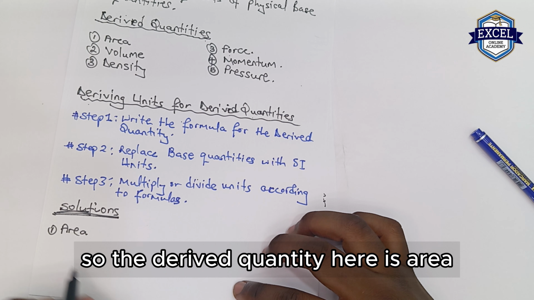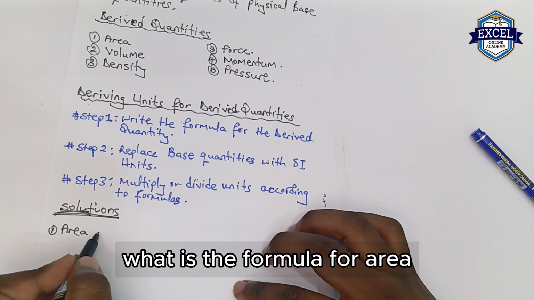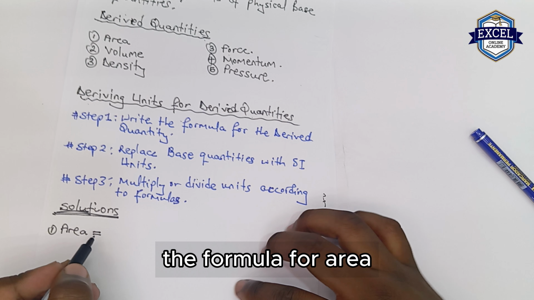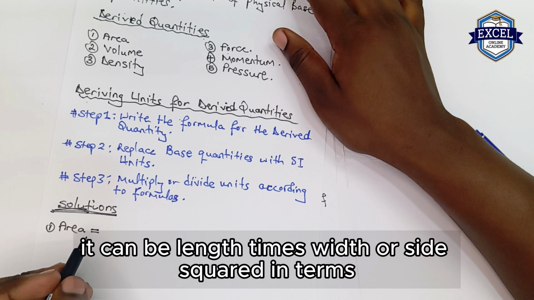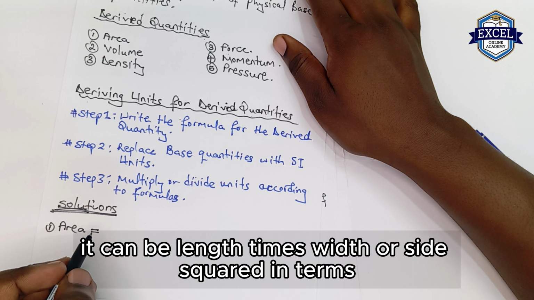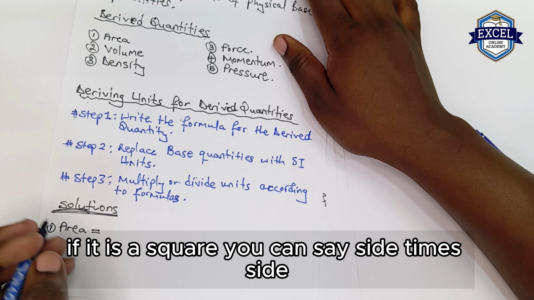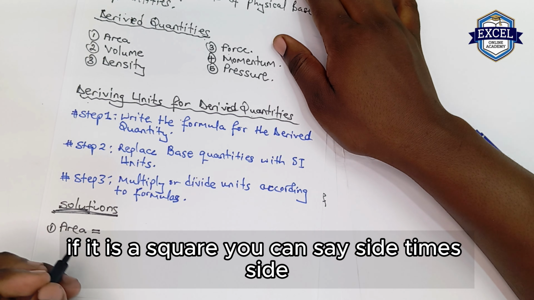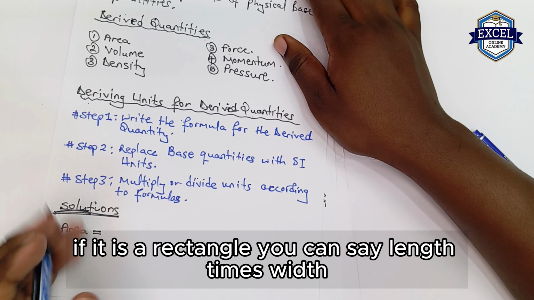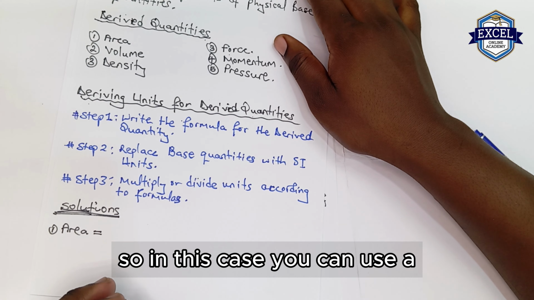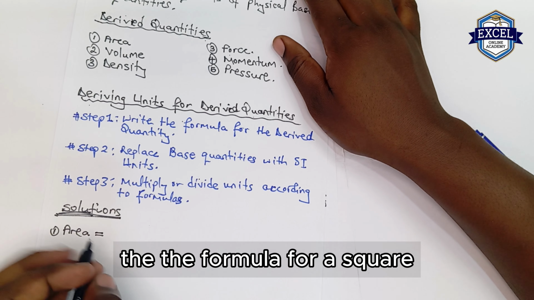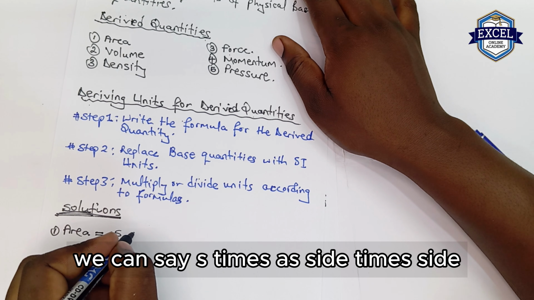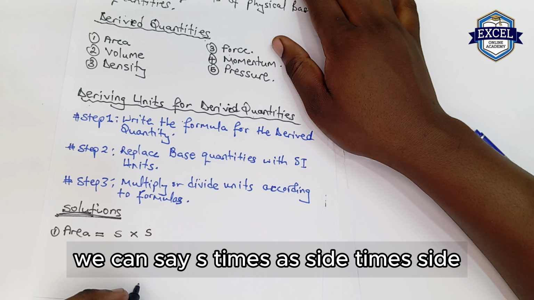The derived quantity here is area. What is the formula for area? The formula for area can be length times width or side squared. If it is a square, you can say side times side. If it is a rectangle, you can say length times width. So in this case, you can use the formula for a square. We can say s times s, side times side.